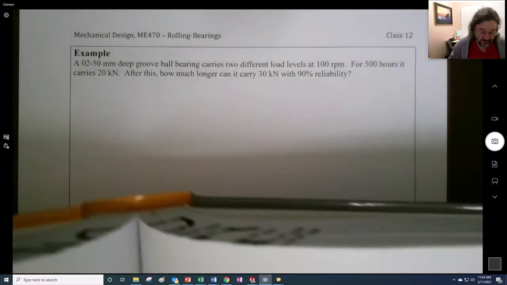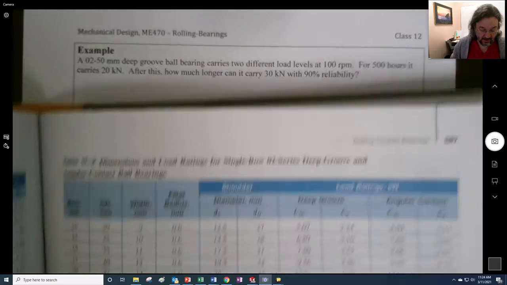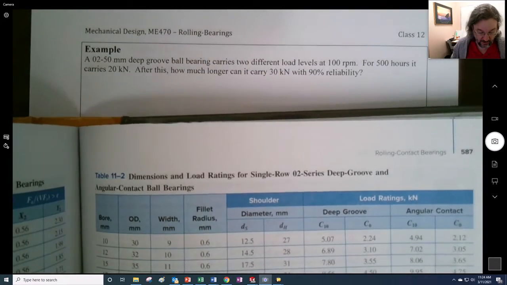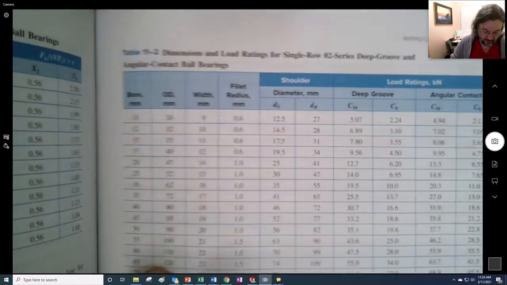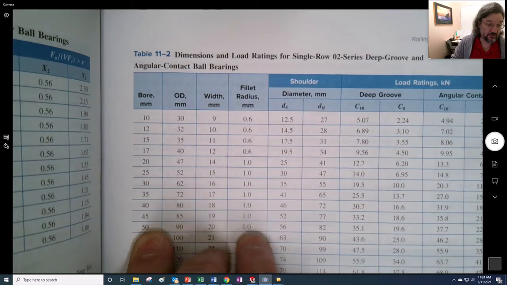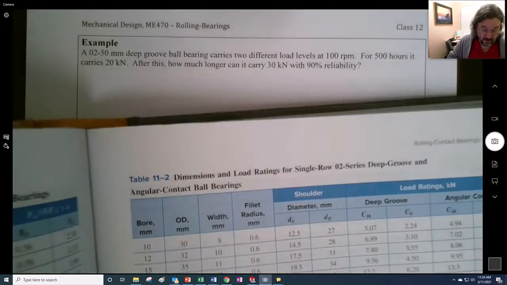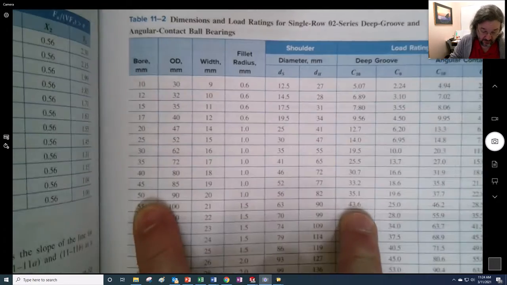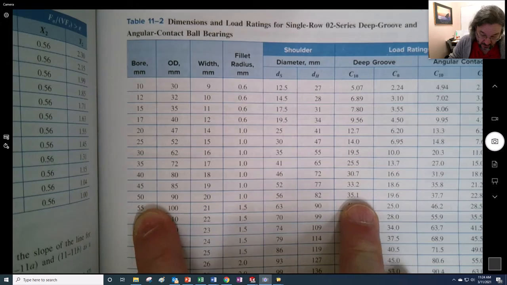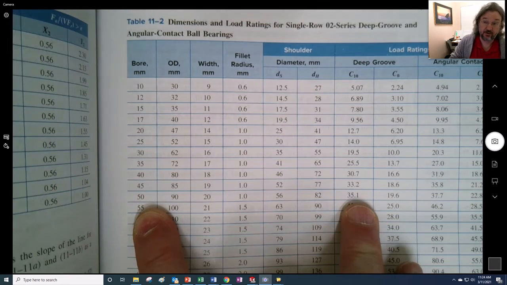So let's see, we have a bearing here of 02 50. Is it a deep groove? Yep, it's a deep groove. Right, so it can handle 35.1 kilonewtons.